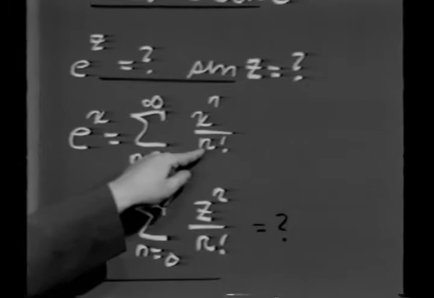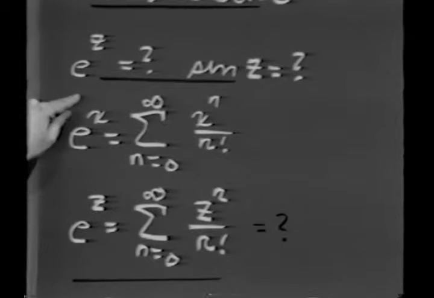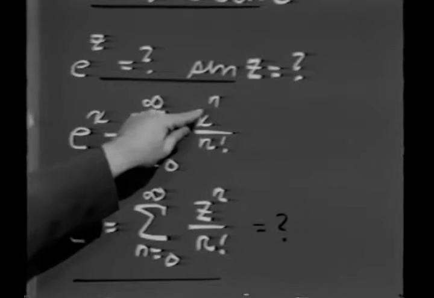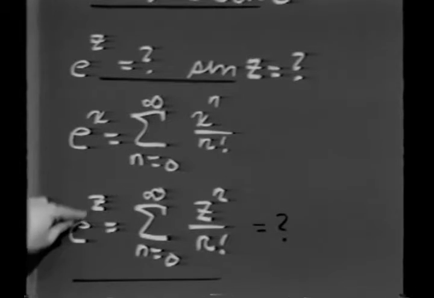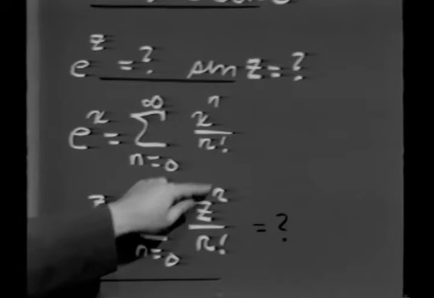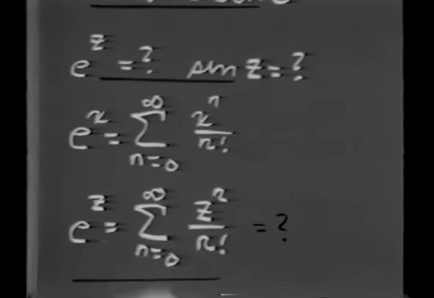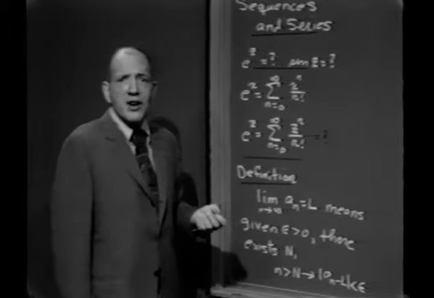Now, what we can therefore say is, if I just verbatim, every place I see an x, replace that by a z, and now make up the definition that e to the z will be the summation, n goes from 0 to infinity, of z to the n over n factorial, then no matter what else happens, I'm sure that my definition of e to the z must agree with my definition of e to the x whenever z and x are equal. In other words, whenever z happens to denote a real number.